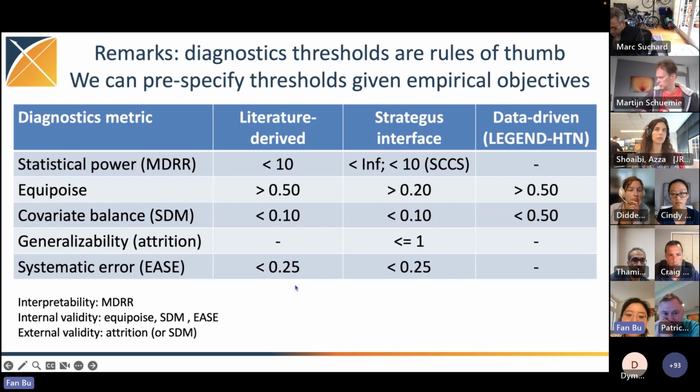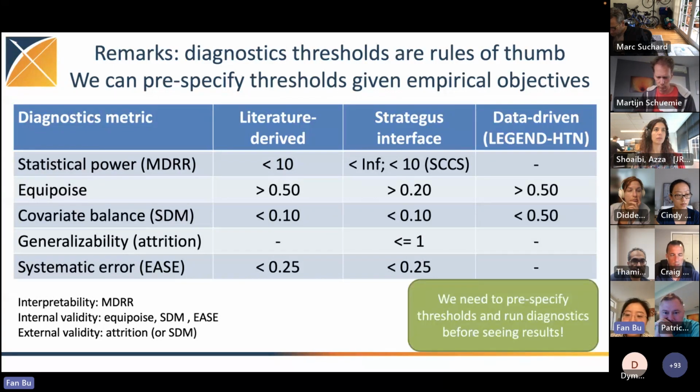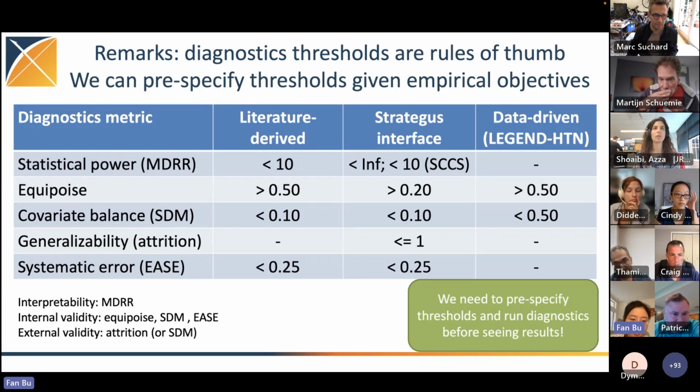Because different diagnostics metrics serve different empirical objectives, sometimes we may want to use different sets of thresholds given our different priorities over the empirical objectives. But what is unchanged across different sets of rules is that we need to pre-specify all of the rules, all of the thresholds, and then perform diagnostics before even looking at the results.